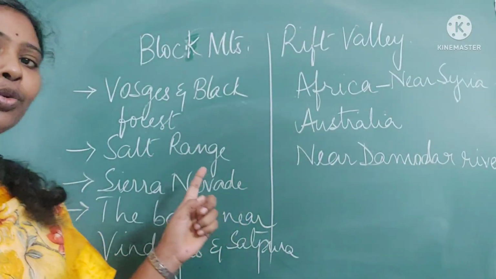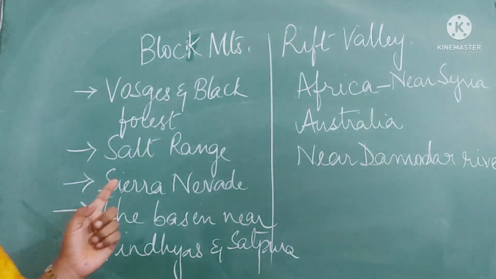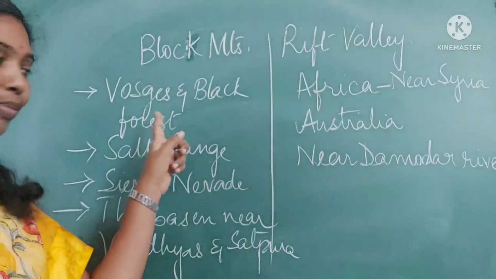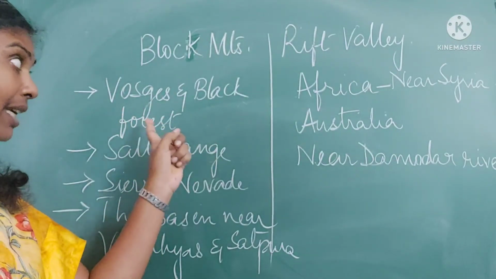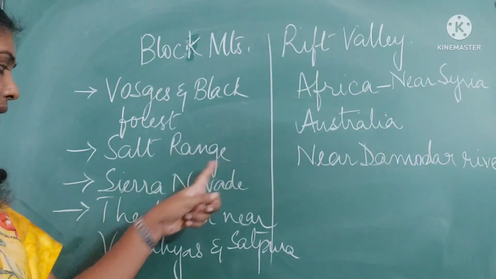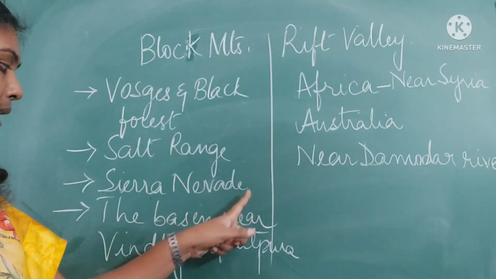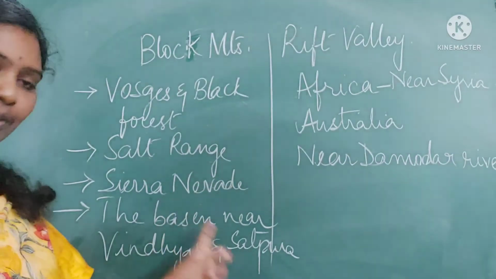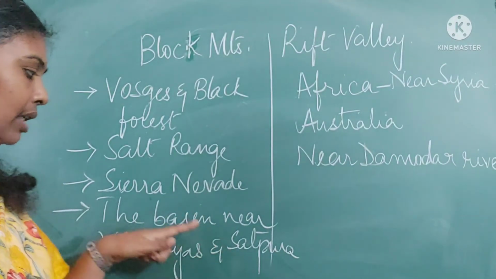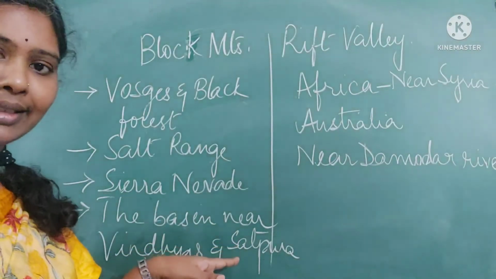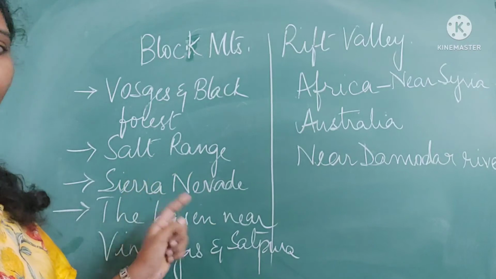So here we see a few examples of block mountains and rift valleys. Vosges and the Black Forest in Germany, and in India, the Vindhyas and Satpura is one block mountain.